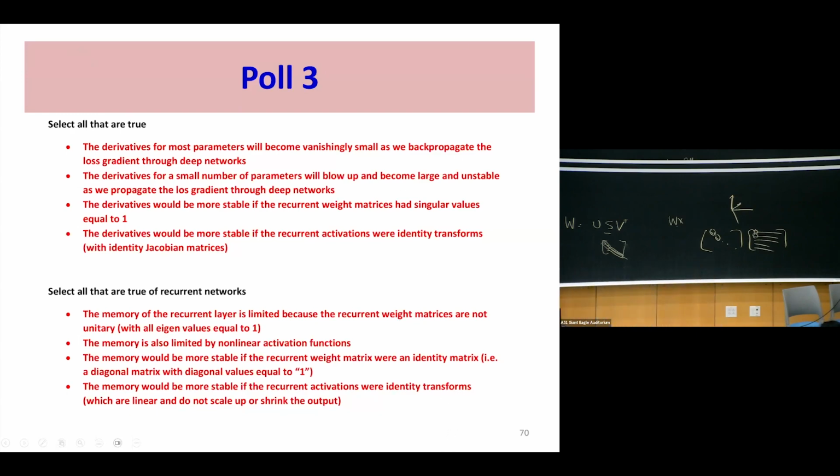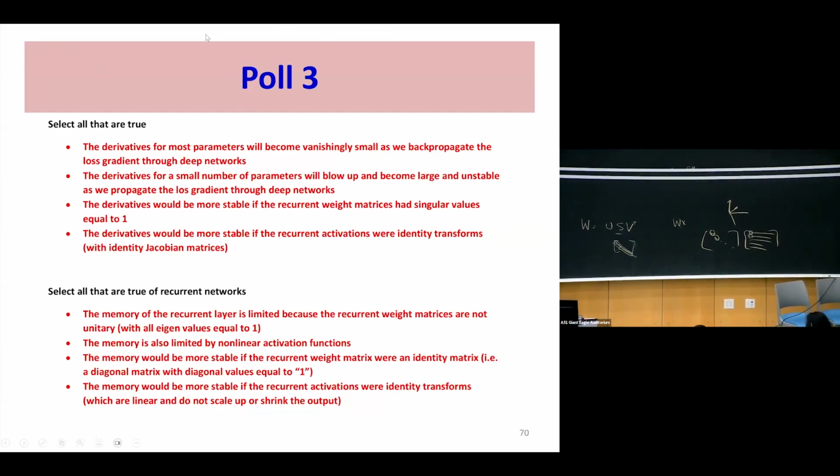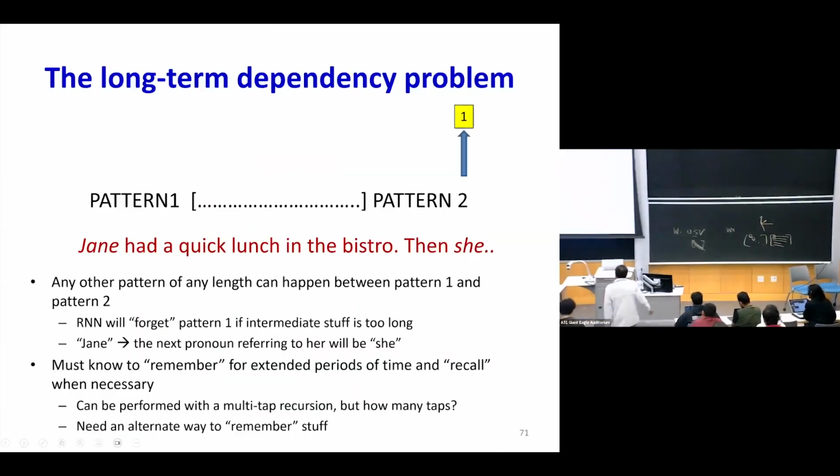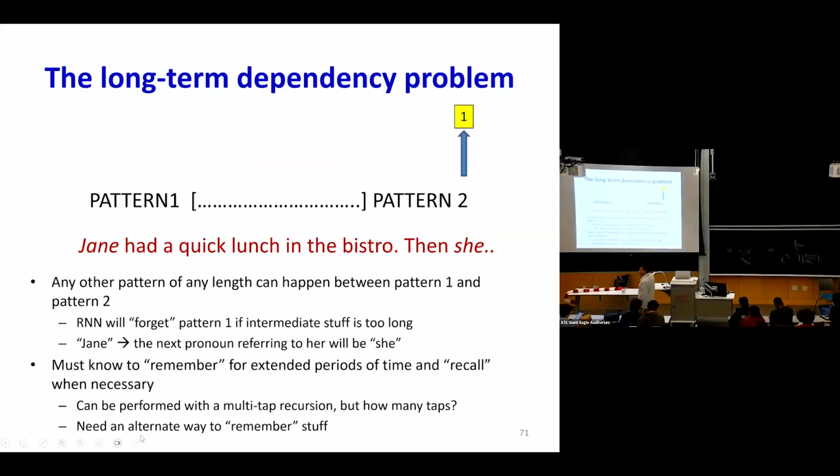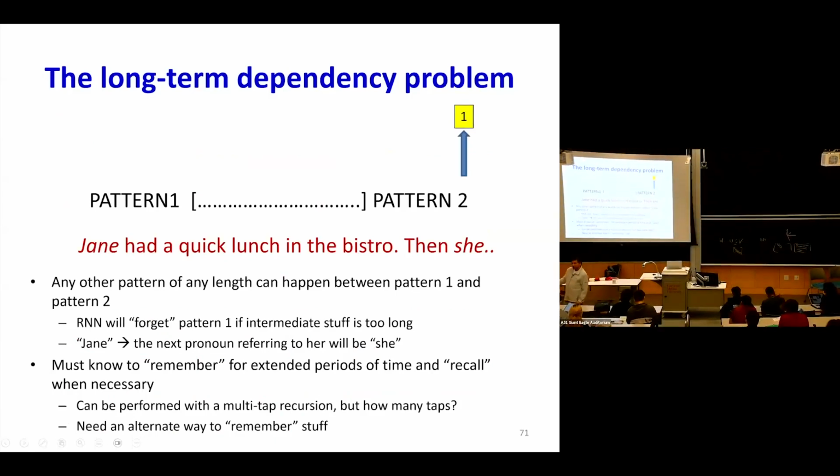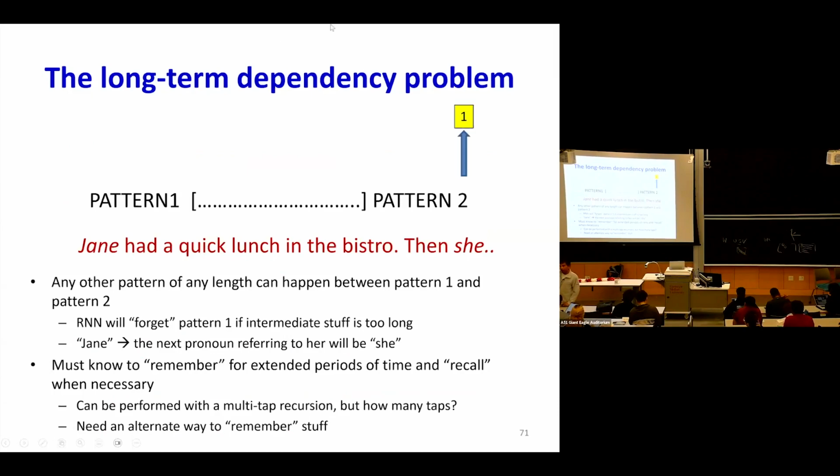Okay, we have a problem, right? And the problem is called activation functions and weight matrices. So how can we solve it? Now remember that we want the long-term dependency, right? We want to be able to remember an open brace till you no longer need it. You don't even know how long you will need it. So if I have something like this analyzing text, Jane had a quick lunch, then the fact that I'm using the word she depends on the word Jane, which could have occurred 2 pages ago in my book, right?